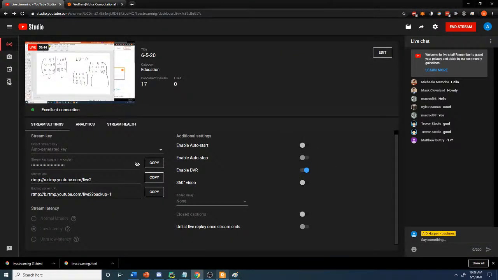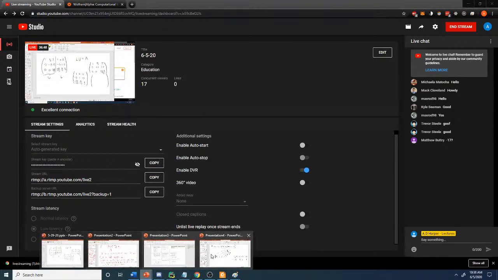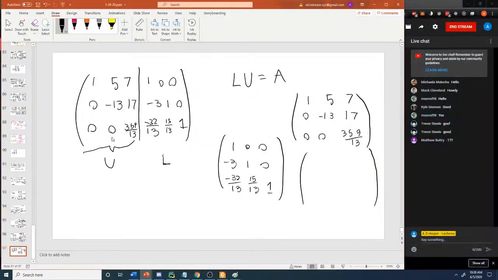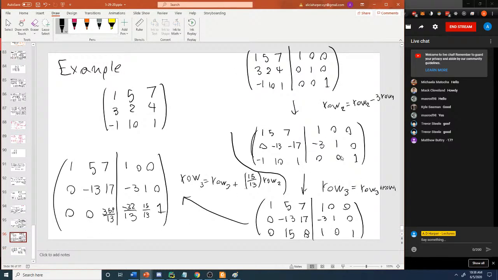Did I make a mistake in the computations? Did anyone see a mistake in my arithmetic when I was doing the row reduction? Let me go through this real quick to see if I have an arithmetic error that slipped in, because I think I did commit some sort of arithmetic error along the way.